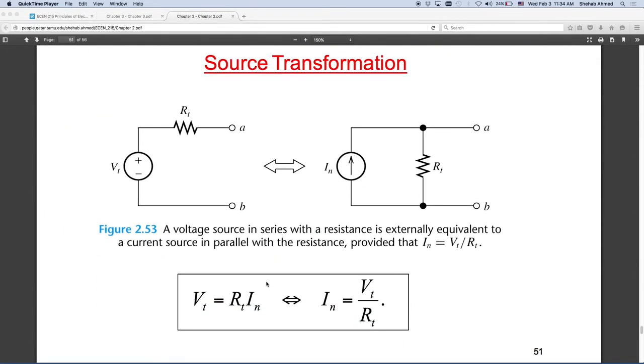Okay, and we said we can transform between the Thevenin and Norton circuits easily, right? Because the Norton current is basically the short circuit current. So if you have the parameters in one circuit, you can move to the other circuit, and vice versa, right?